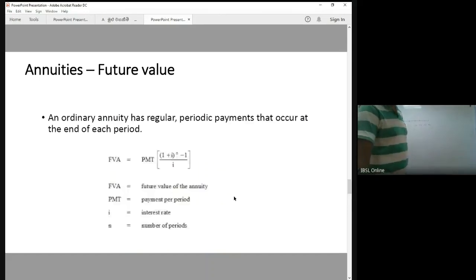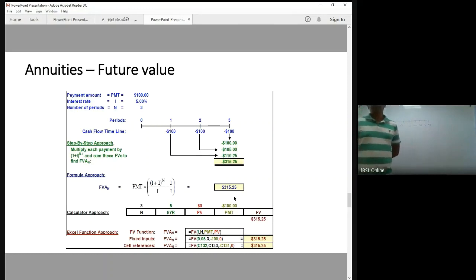You need to use this equation. Every year you get a cash flow of 100.